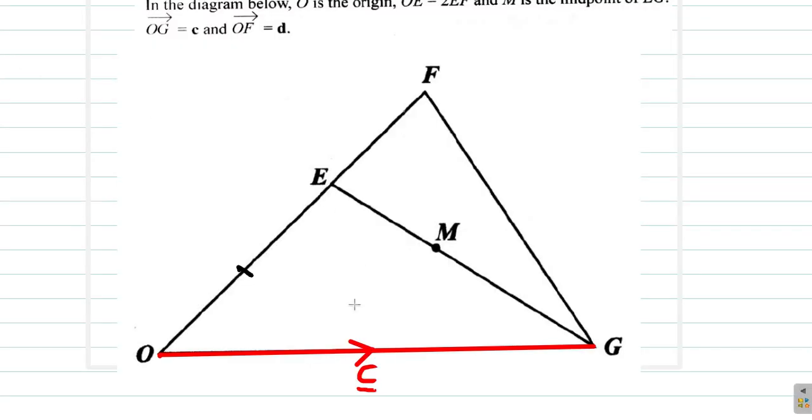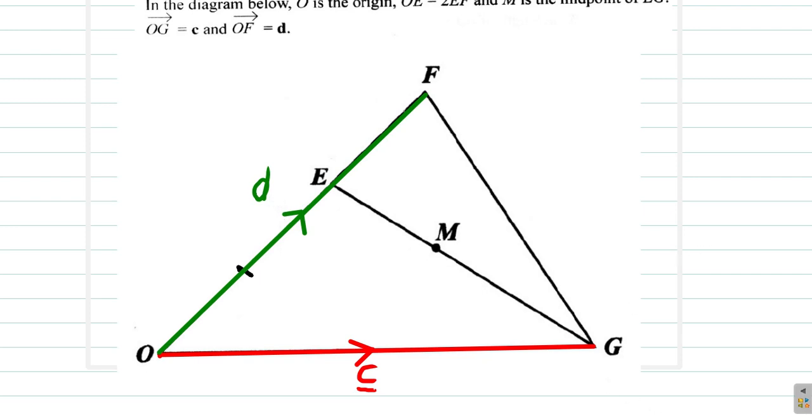If you can't write it in bold, like I can't, I put a little line under the letter to show it's a vector. All right. OF is D. So going from O to F, we put a little arrow on it, and that is D.